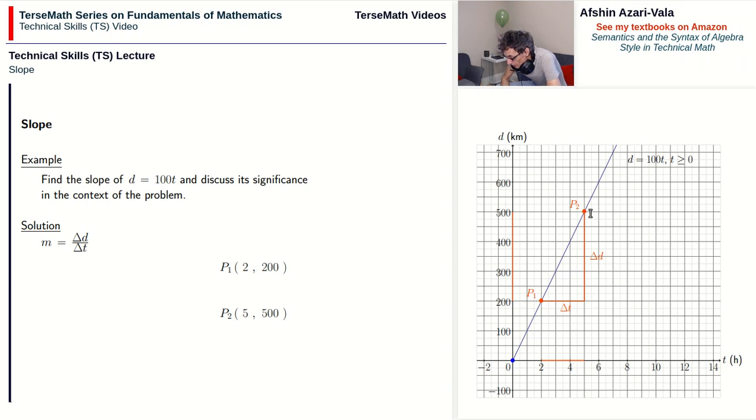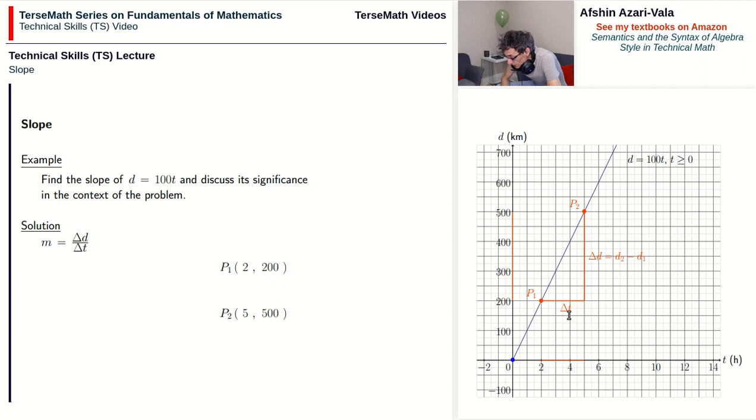Now, of course, P2 has a d coordinate of 500, and P1 has a d coordinate of 200, and delta d will be 500 minus 200. That would be the d coordinate of point 2, which is d2, minus the d coordinate of point 1, which is d1. So delta d is equal to d2 minus d1. That would be 500 minus 200.